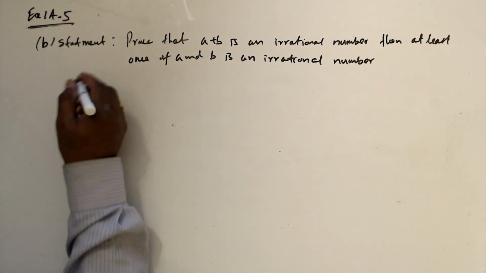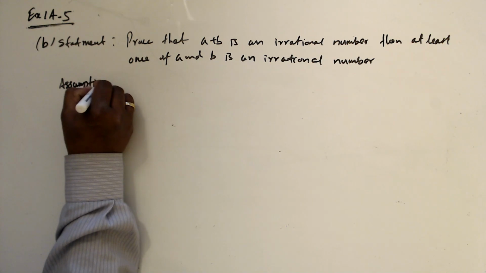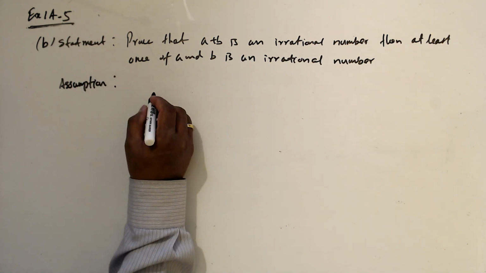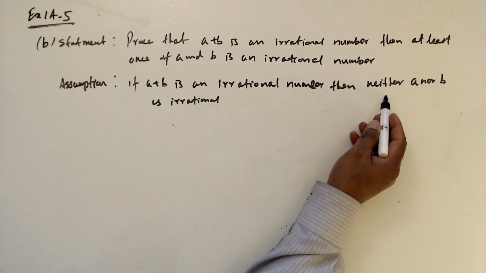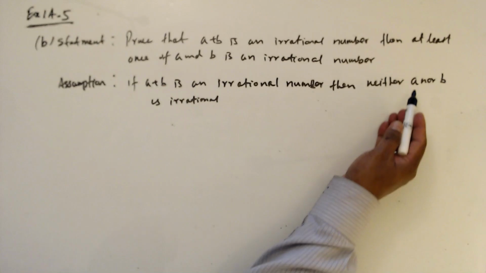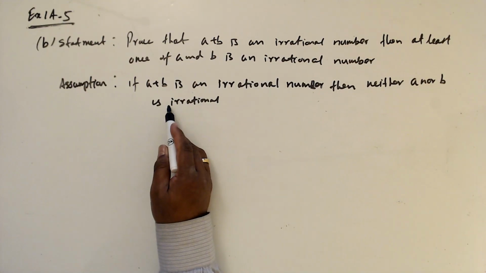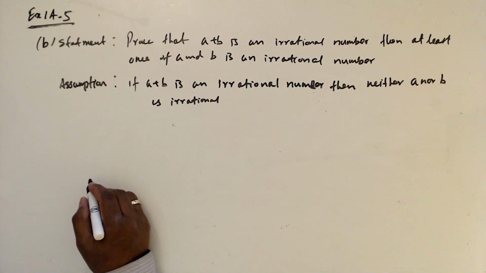So our assumption is that if A plus B is an irrational number, then neither A nor B is irrational. It means A and B are rational, yet A plus B is irrational. That is the idea behind this one.